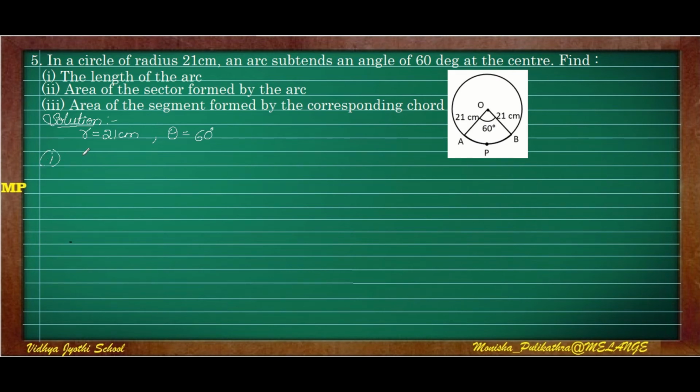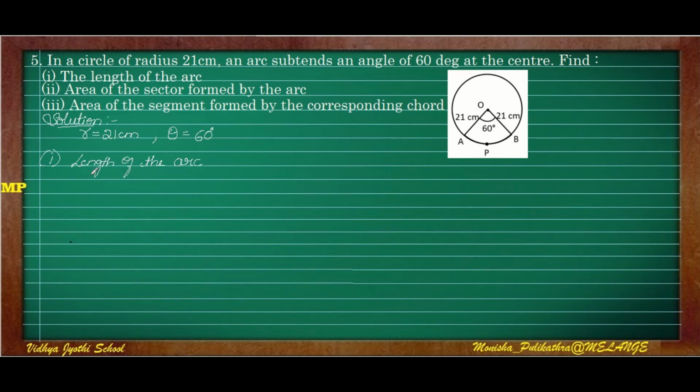So the first one is length of the arc. Let me remind you, there are two types of formula. One is area of the sector, which is theta by 360 into pi r square. Whereas here we have to find out the length of the arc.